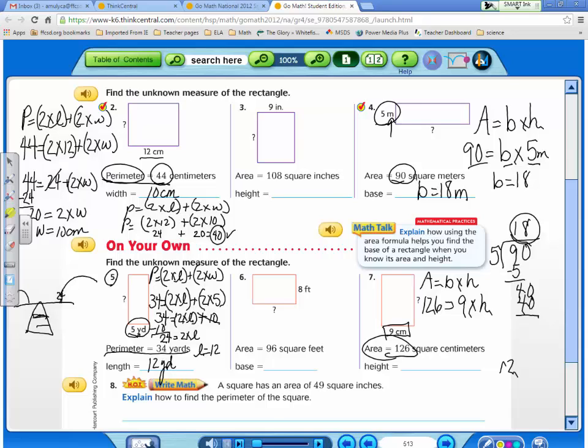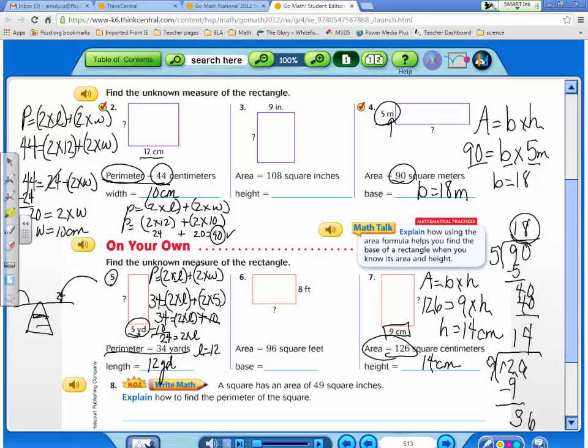So 126 divided by 9. 9 goes into 12 once, and we subtract and we get 3, and we bring down the 6. 9 times 4 is 36, so our height equals 14, and it's centimeters here because those are the units we're given. Write your formula, substitute in what you know, and solve.